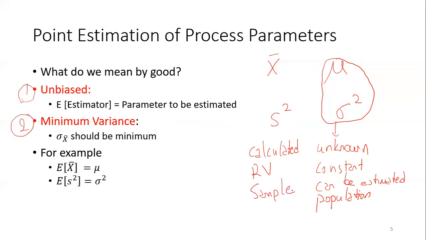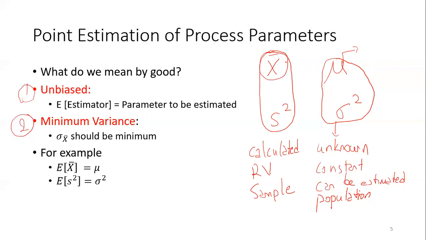So, for example, the x bar. Let's talk about the height of students in a university. If you're talking about the whole university, then the average height is just mu. Okay, so this is the average height of the students in a university. If you're talking about a class, for example our statistics class, the average of the class is x bar, right?